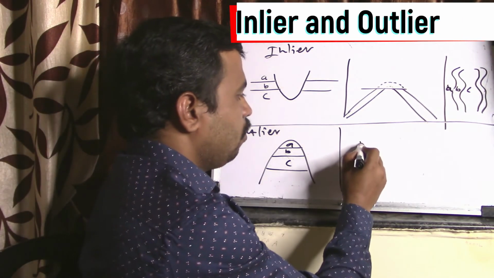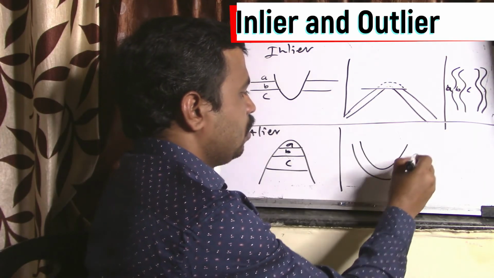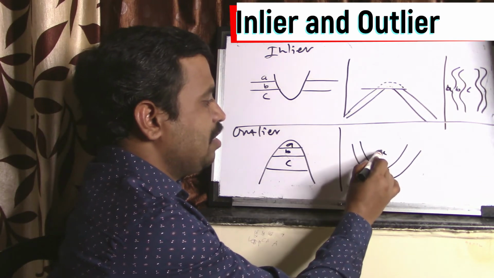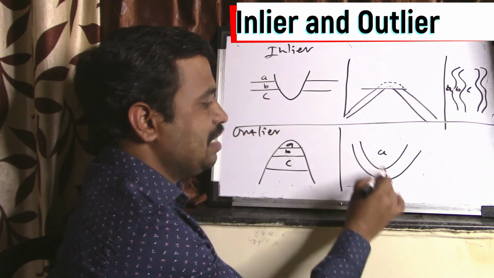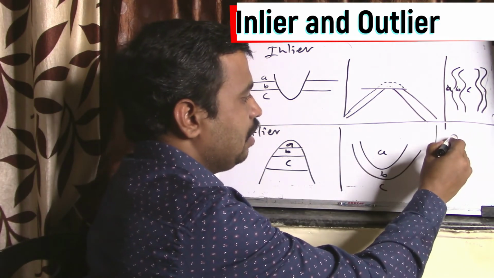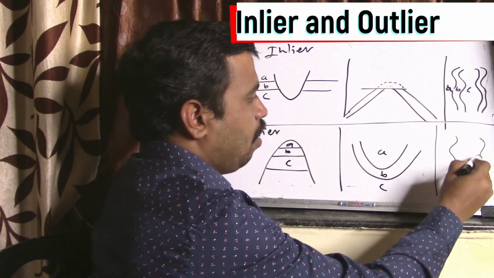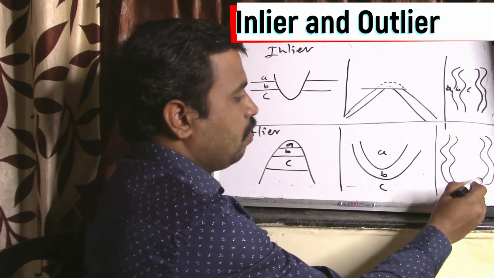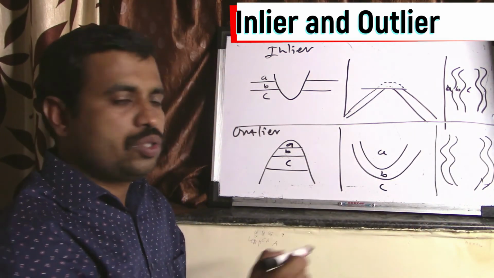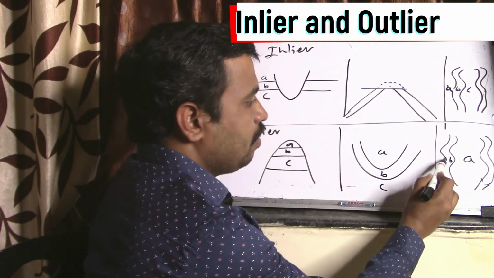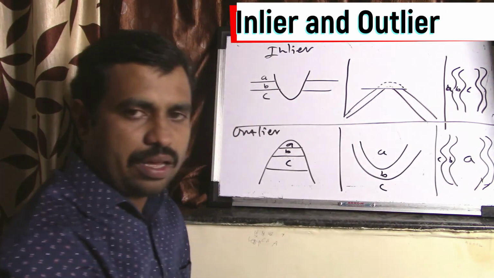Suppose this is a syncline. In this syncline, this is A bed, this is B bed, and this is C bed. When we see the structure map or section map of this particular area, at the center A bed is here, B bed is here, and C bed is here.